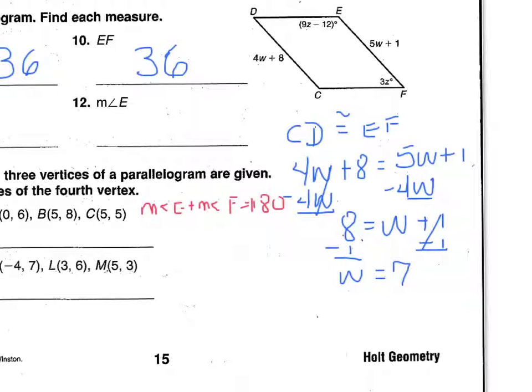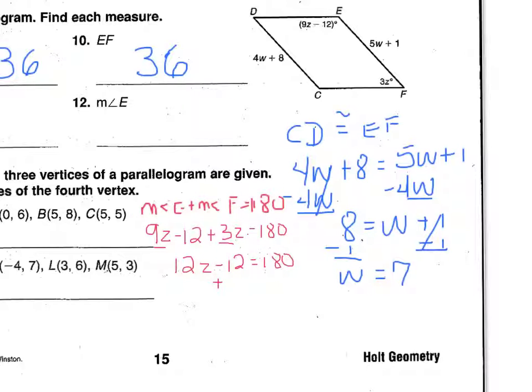Okay, so the measurement of angle E here is 9Z minus 12, and then we add it to 3Z, that should be equal to 180. So because they're consecutive, that would be supplementary. If they were to be opposite to each other, they would be congruent, okay? So we add them up, 9Z plus 3Z, it's 12Z.